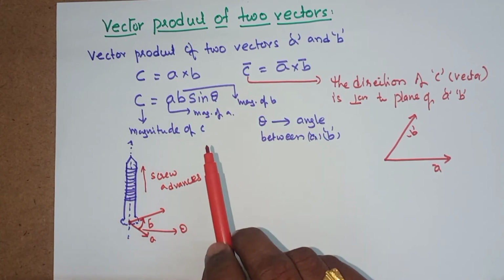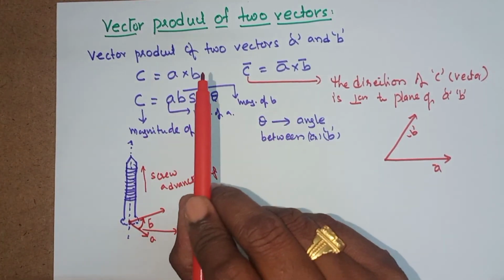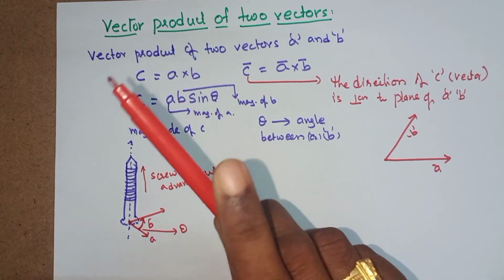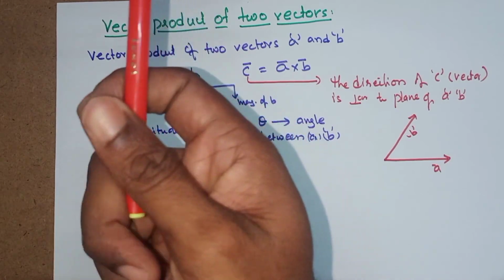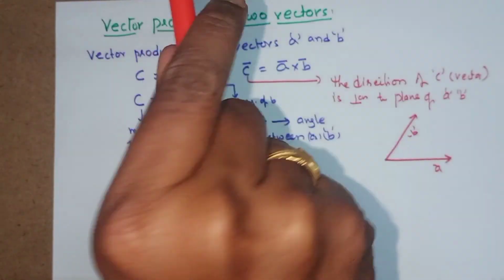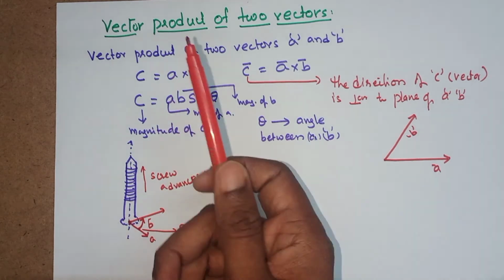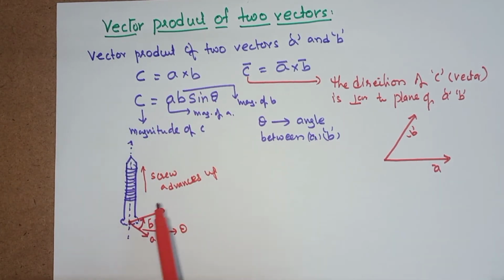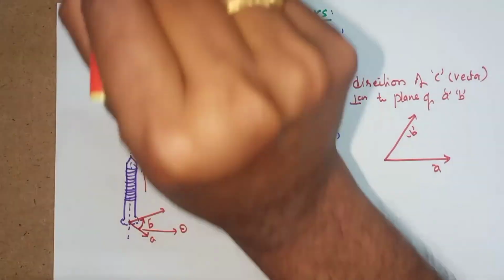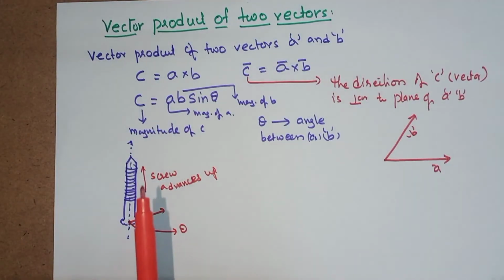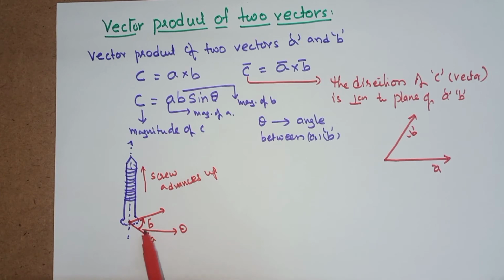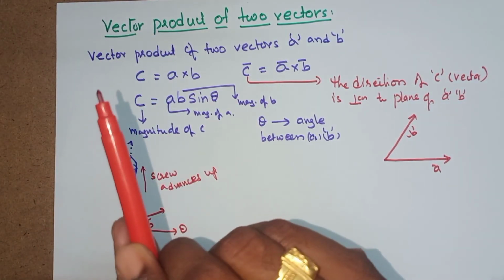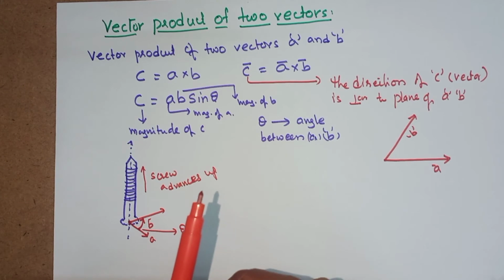Generally you observe this when driving a screw into a wall: we take a screwdriver and turn it to go inside. When you want to open the screw, we turn the other way. So the screw going inside or outside of the wall gives the C direction, into the plane or out of the plane, where the plane is that of A and B. So C is perpendicular to the plane of A and B.